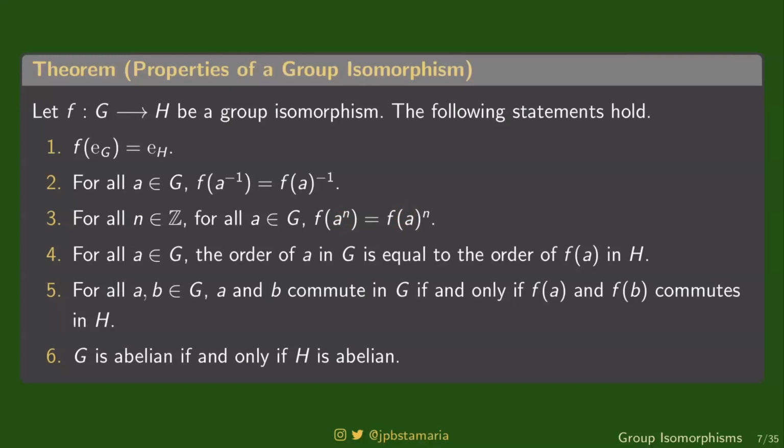Okay, number 5. If a and b commute in G, then so do f of a and f of b as elements of H. Why is that so? If ab is equal to ba in G, then bakit nagko-commute yung f of a at f of b in H?